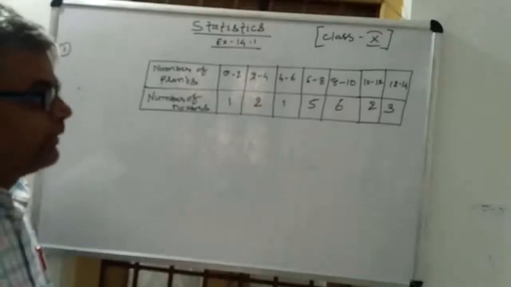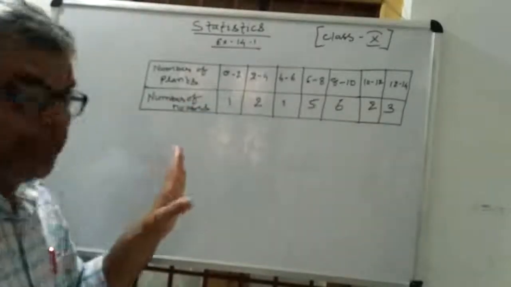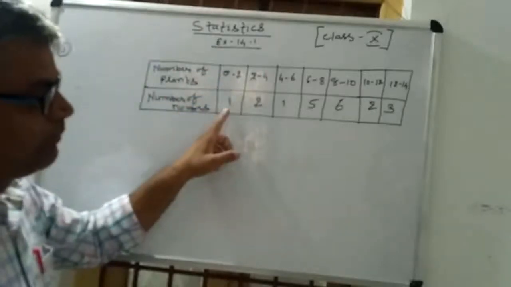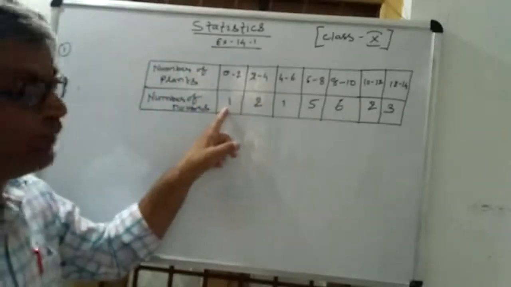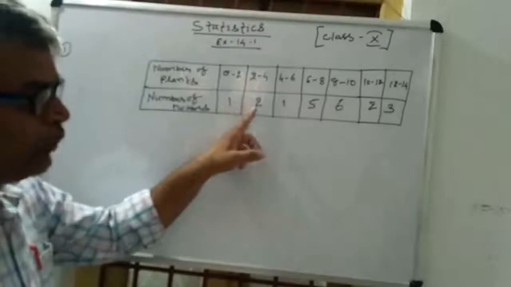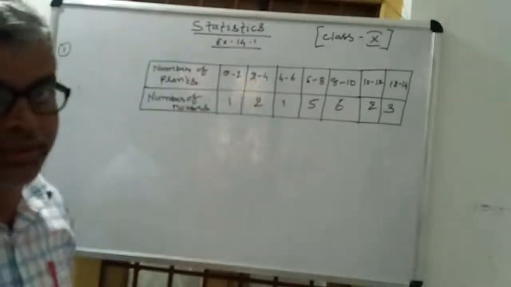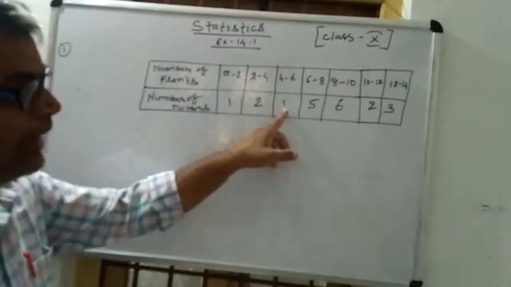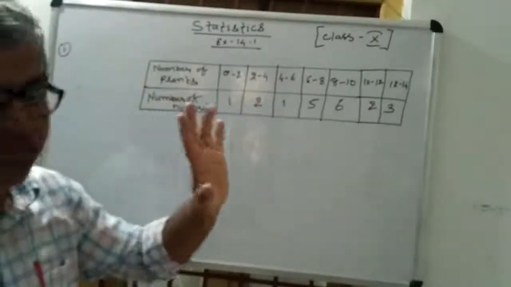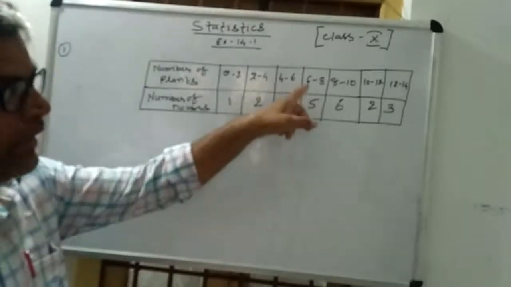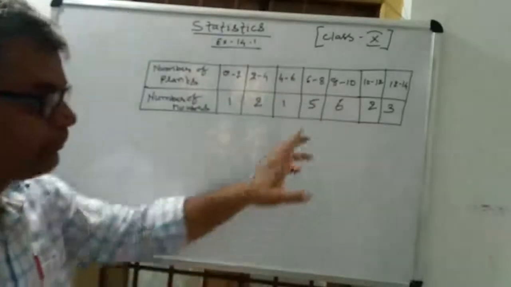Students observed that 1 house has 0 to 2 plants. 2 houses have 2 to 4 plants, and 1 house has 4 to 6 plants. 5 houses have 6 to 8 plants.